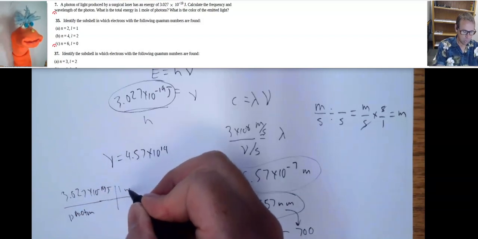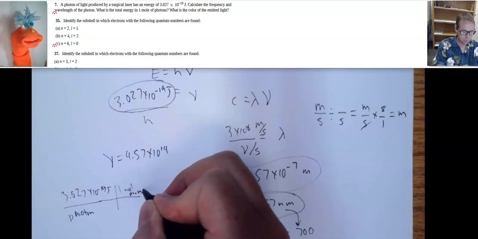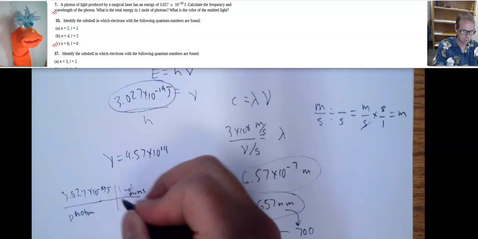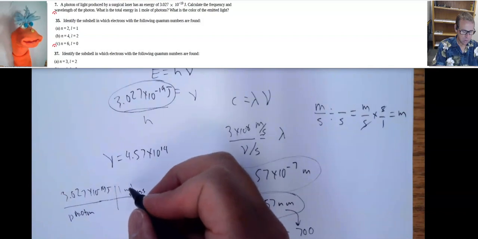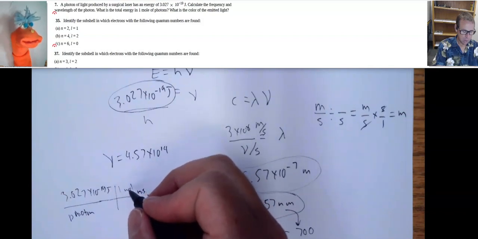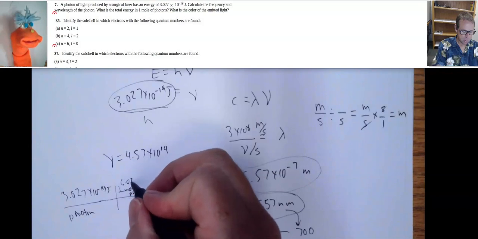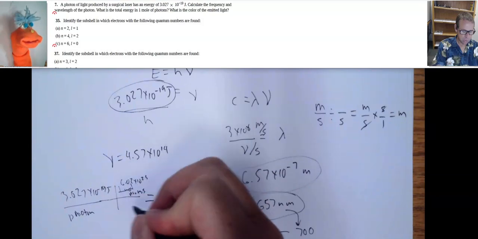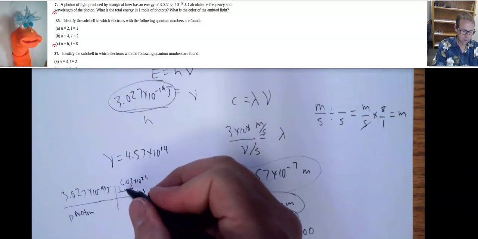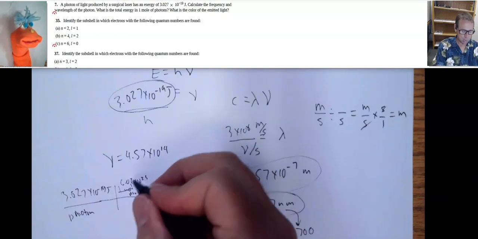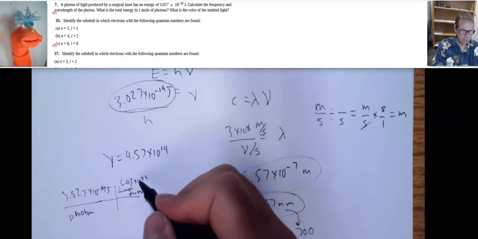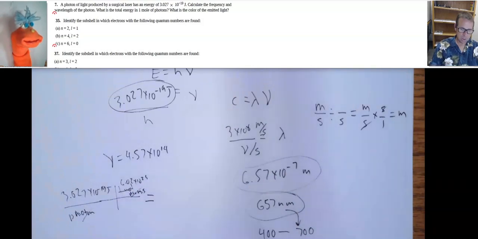If I want 1 mole of photons, I take Avogadro's number, because that's how many photons there are. There are 6.02 times 10 to the 23rd photons in a mole of photons. I could have said 1 mole and then taken it to that many photons, but either way, that will give me how much energy.